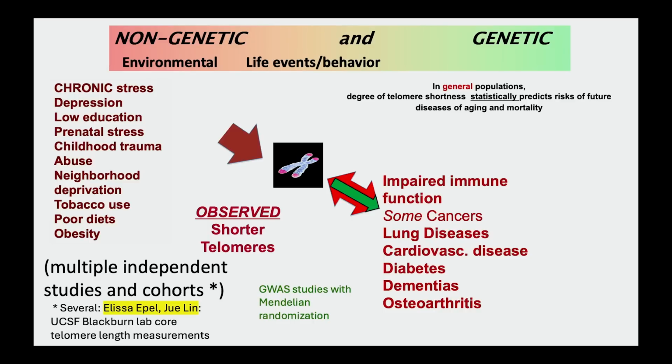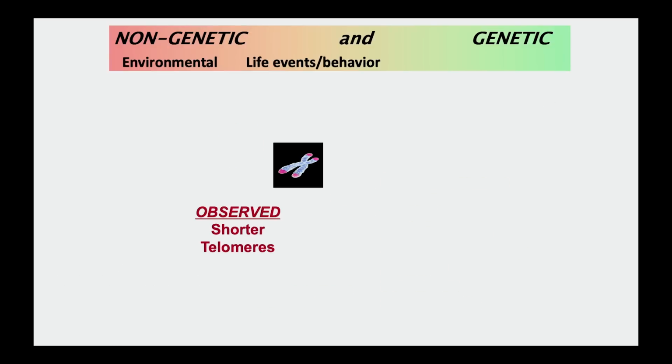And so there's a whole lot of things that actually do affect telomere length. And because the dose and length of duration of exposure to these things is proportionally affecting telomeres and they're getting shorter and shorter, we can say that there's causality there. It's pretty hard to say it's the other way around. So it's both environment and genetics that are accounting for observed shorter telomeres or longer telomeres, whatever.